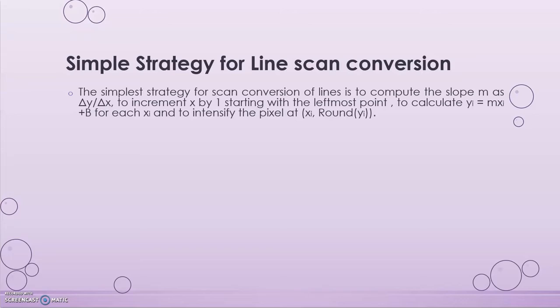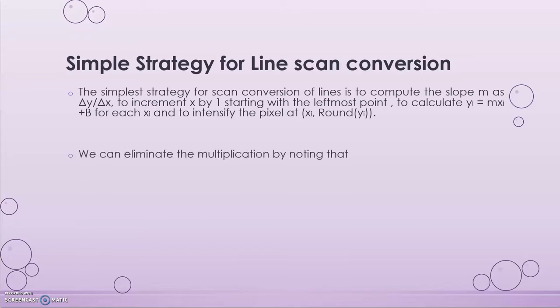This computation selects the closest pixel, that is, the pixel whose distance to the true line is smallest. This strategy is inefficient. Why? Because each iteration requires a floating point multiplication and addition.